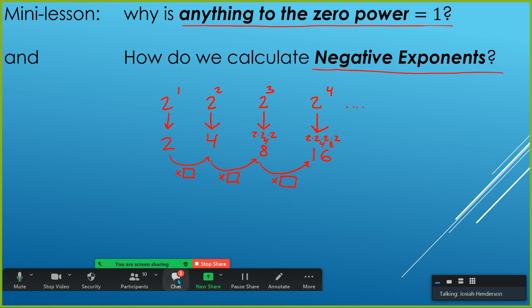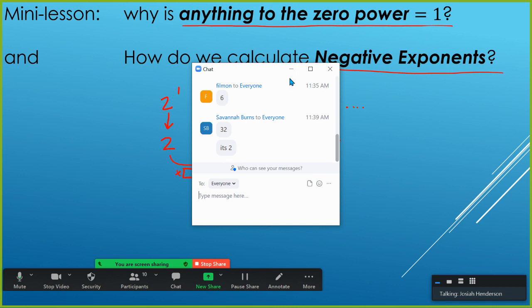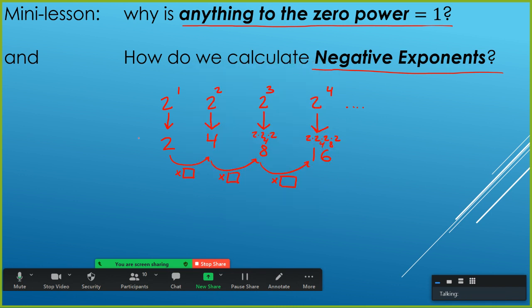Levi, thank you. There's some stuff in the chat. Savannah, very good. Both of you for noticing that and for speaking on it. It's times 2. So the pattern is basically we're timesing 2 to each previous term to get us to the next one.